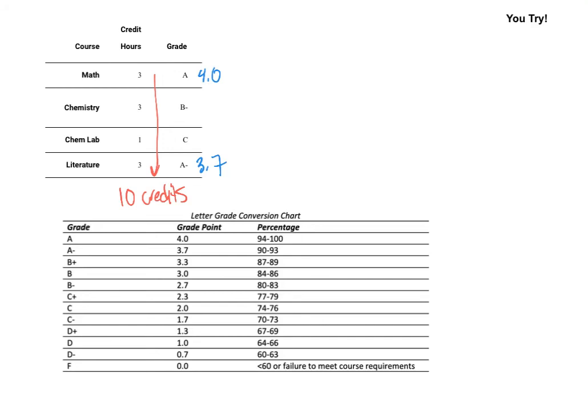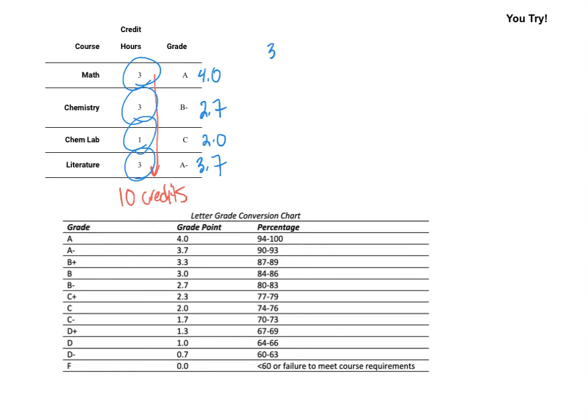A B minus, according to this, is a 2.7 grade point, and a C is a 2.0. So I can take the weights, the weight in this case is the number of credits, and multiply by the value or the grade points associated with that course.